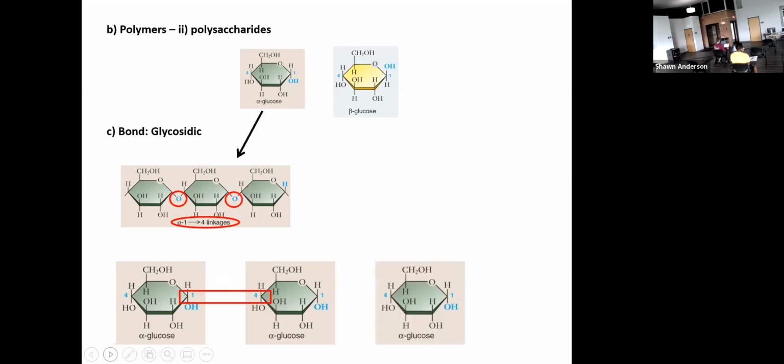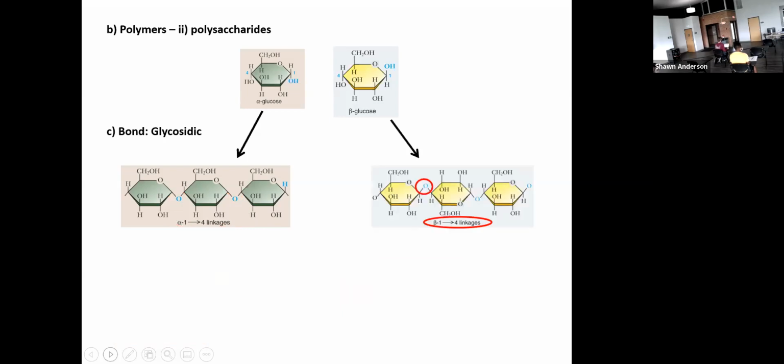Let's do that again. We're going to add another one. Now we're going to talk about this alpha 1,4 linkage. Bam, right there. Okay, cool. Alpha 1,4. Beta 1,4. Beta 1,4, well, the beta designation tells me that this is a bond that's uniting two beta glucose molecules.